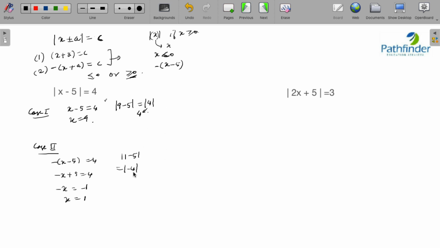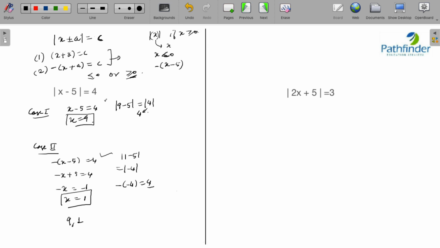Now since this is a negative quantity, I will write this as minus of minus 4, that is equal to 4. Since both the values satisfy our equation, both the answers are acceptable. So x is equal to 9, x can also be equal to 1.